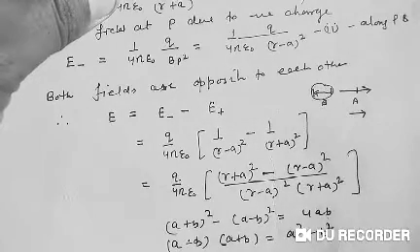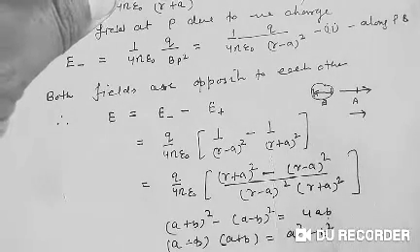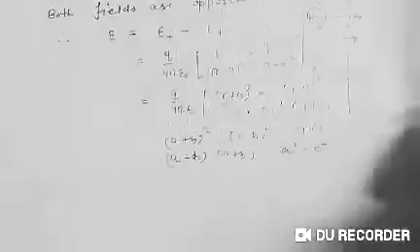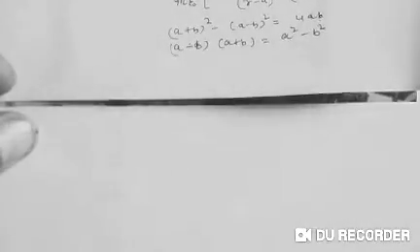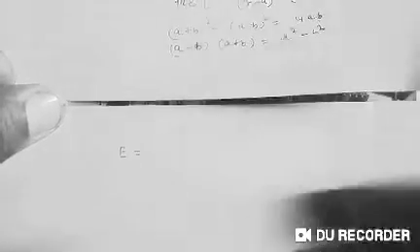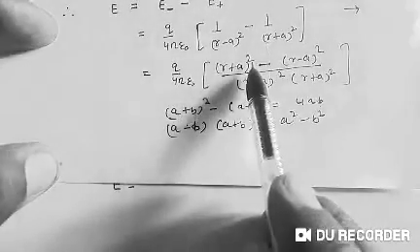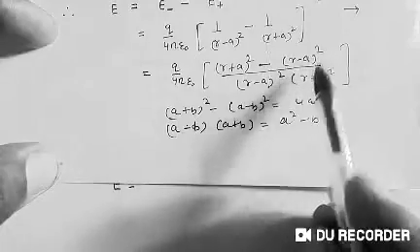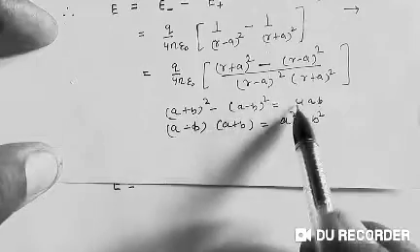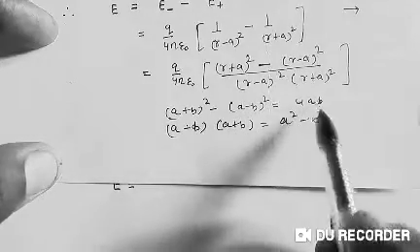So by using these two formulas you can find the net electric field. So E equal to, now just see what we have here, (r plus a) whole square minus (r minus a) whole square. You just apply the formula (a plus b) whole square minus (a minus b) whole square equal to 4ab, right?